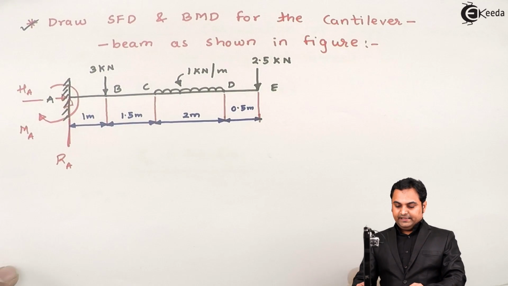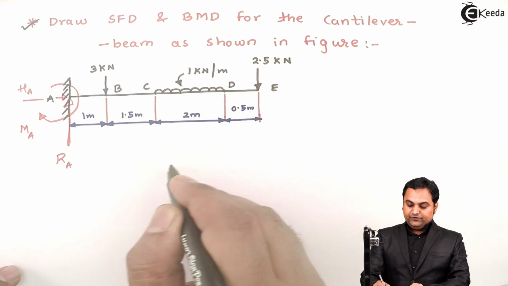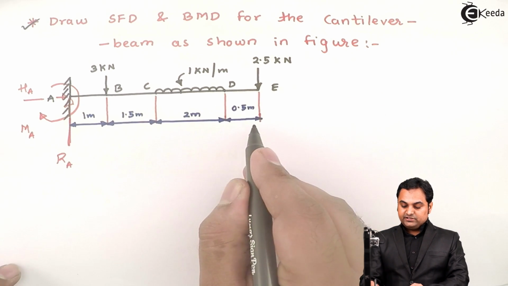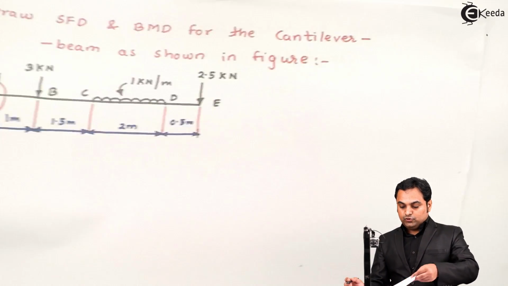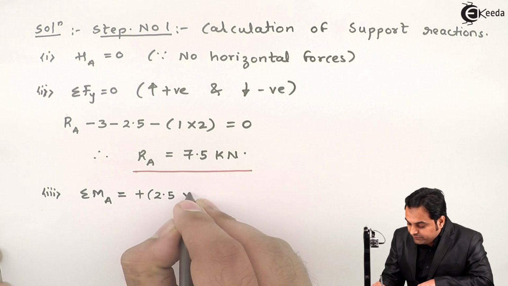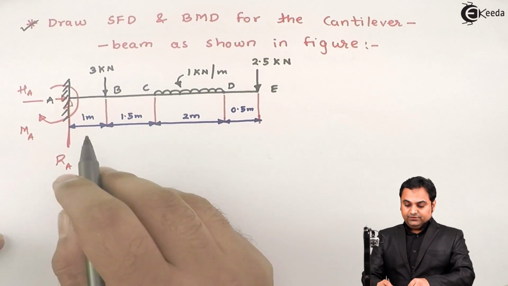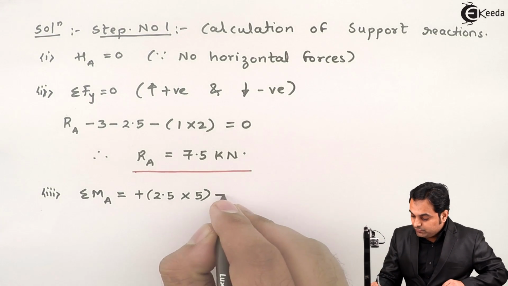So by looking into the diagram, this force of 2.5 kN is producing clockwise moment at A. So it will be 2.5 into this total distance, which comes out to be 5 meters. So plus 2.5 into 5. Next, 3 kN is also producing clockwise moment, so plus 3 into 1.